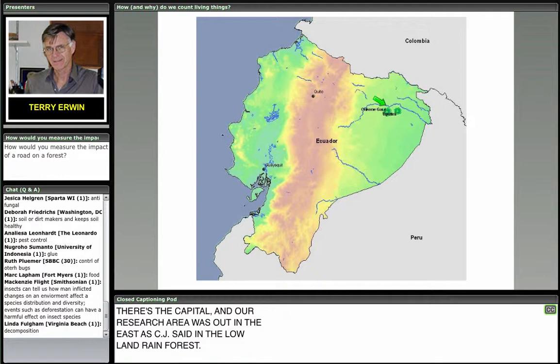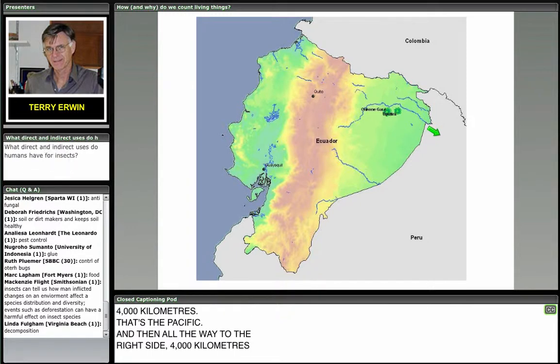And if CJ drug that arrow all the way to the Atlantic Ocean, it would be 4,000 kilometers. That's the Pacific. And then all the way to the right-hand side, 4,000 kilometers down the Amazon River through Brazil.